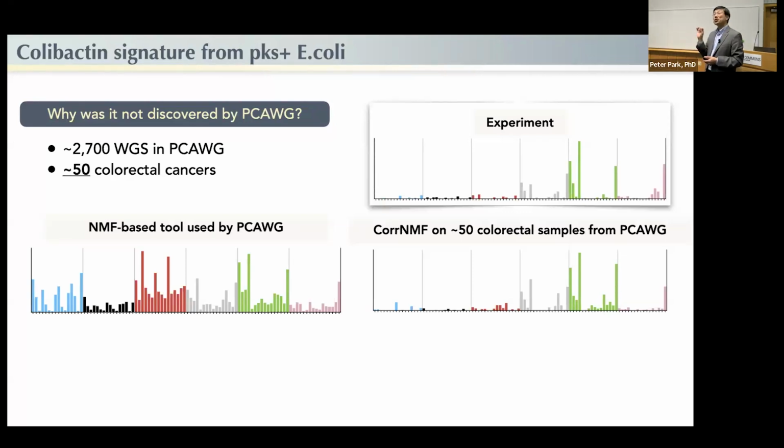So this is where a good computational method will allow you to identify the signature even if you don't have hundreds or thousands of cases, okay? And so this will be incredibly economical if your goal is to identify the signature associated with a particular mutagen.